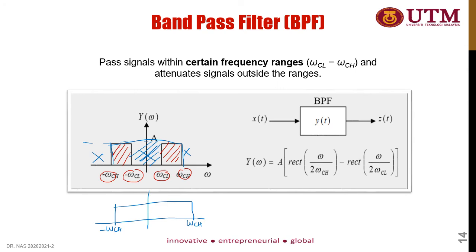So it's A rect(omega over 2 omega CH) minus the middle rectangular, spanning negative omega CL to omega CL, which is A rect(omega divided by 2 omega CL). So what are omega CH and omega CL? Omega CL is the lower cutoff frequency of the filter, while omega CH is the higher cutoff frequency of the band pass filter.